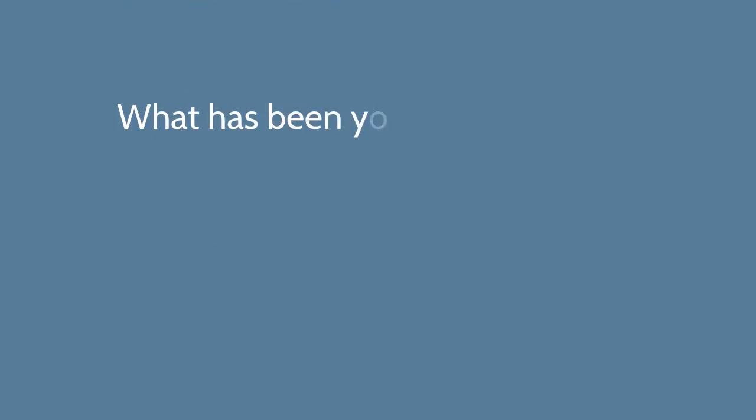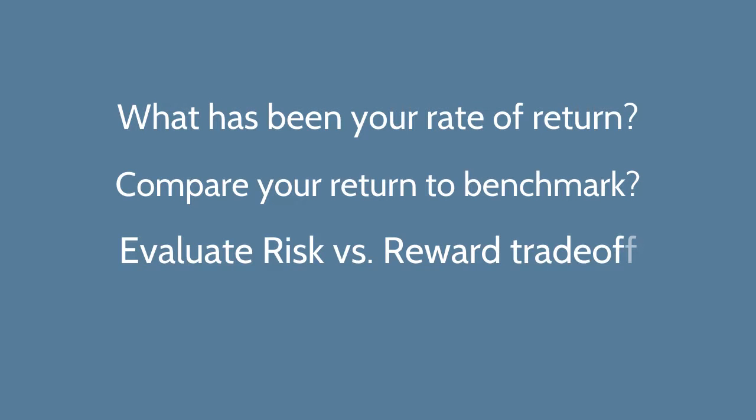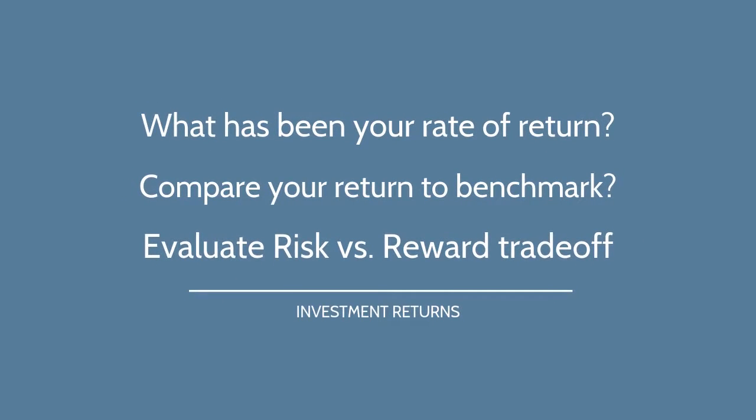So, what has been my rate of return over the years, and is it competitive to the respective benchmarks? Benchmarks are things like the Dow Jones Industrial Average, the Standard & Poor's 500, S&P 500, you might have heard it, the NASDAQ. Those are all lists of a certain group of companies that represent a certain sector of our economy and our GDP.